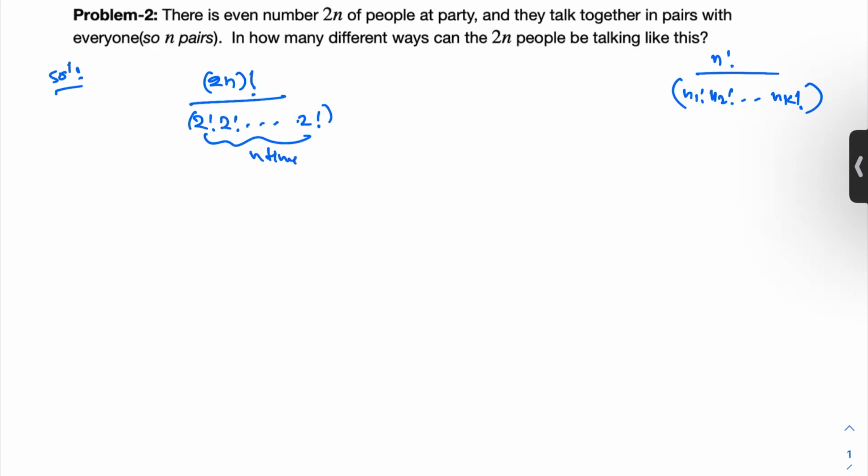Since these n groups are of the same size 2, we will have overcount. To fix that, we need to divide by n factorial, the number of groups of equal size. So the answer is 2n factorial divided by n factorial times 2 factorial to the power of n.